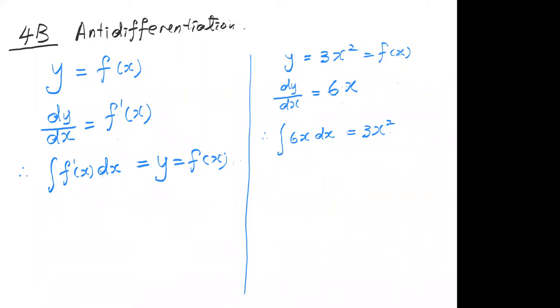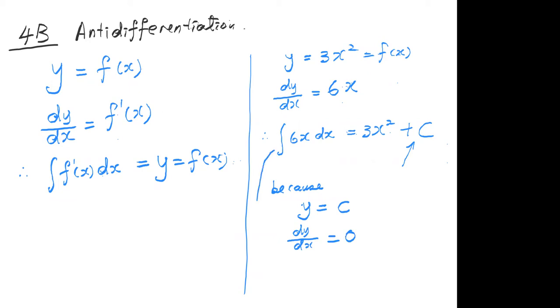Can someone explain to me why I must put a plus c? Yes. When you differentiate a constant, you get 0. So the reason why I have to add a c is because when I have a constant and I differentiate, I get 0.